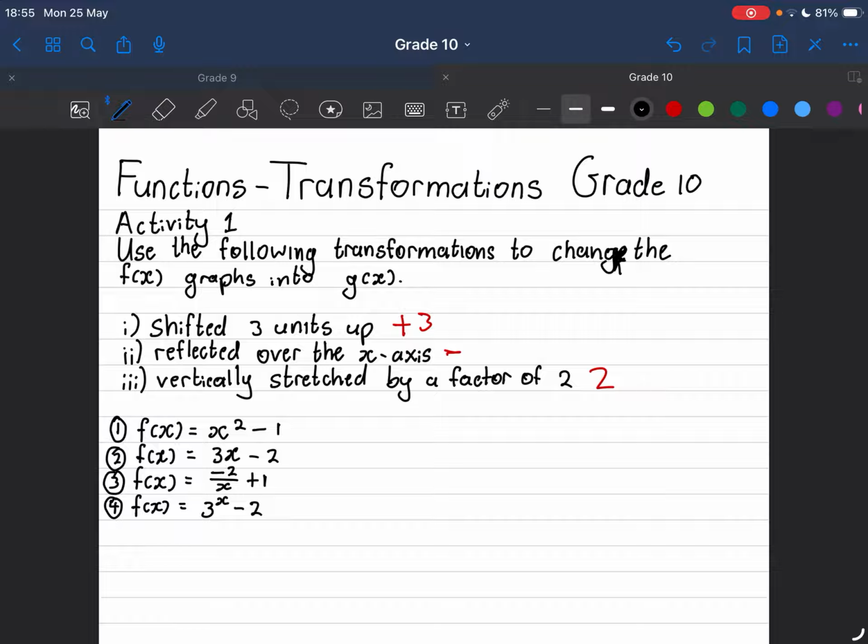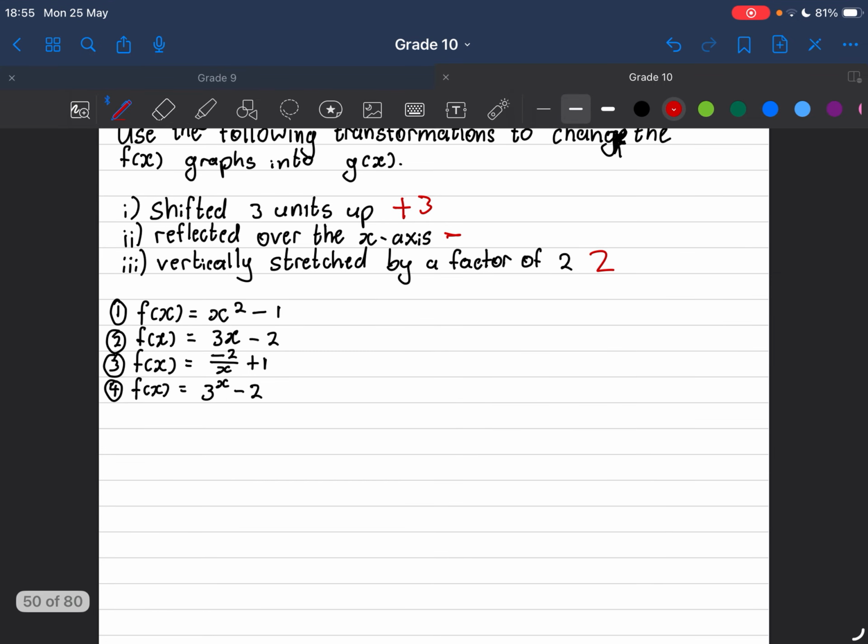So let's start with number 1. Graph the function f of x equals x squared minus 1. So let's check this out. We've got x squared minus 1, and we're going to try to shift it 3 units up. To shift something 3 units up, you say f of x plus 3, right? But let's just remember that this is our f of x function.